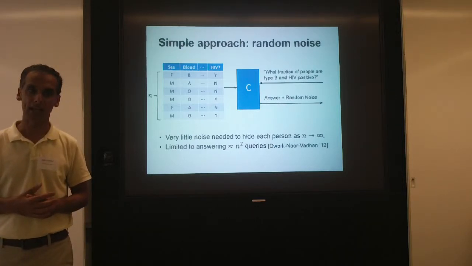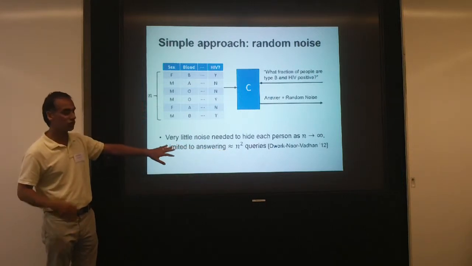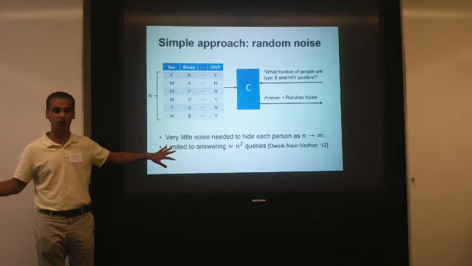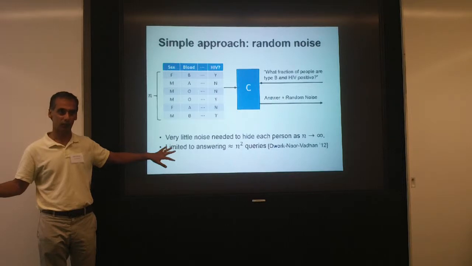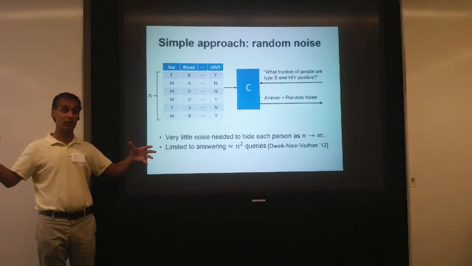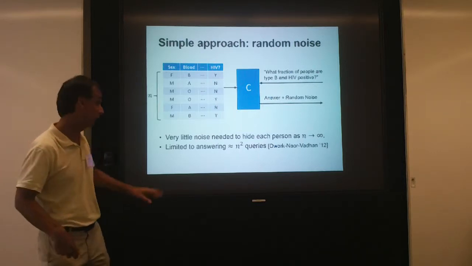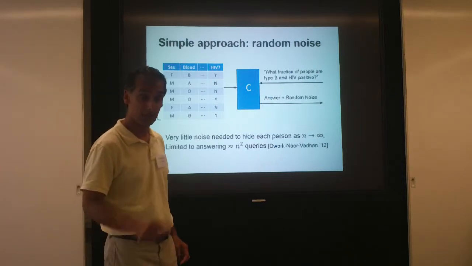If you want to answer more than that, you can't just treat each query separately on its own, and you have to do something more clever. But it turns out there are more clever things that you can do where you take into account the queries that have been asked before and how you answer a new one, and don't treat each one independently. And I'll mention some of those types of results later.